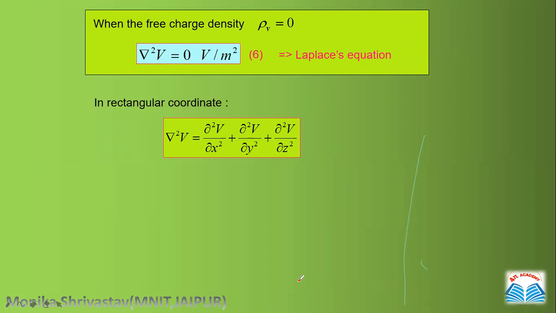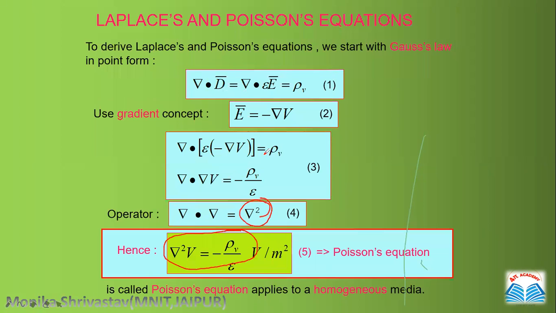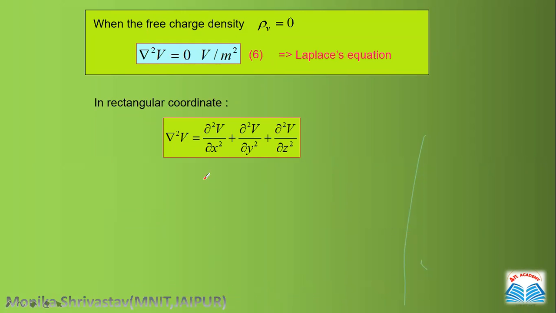So if any case comes where there is no free charge density, that means rho v is equal to 0. So if rho v is equal to 0, then what will we get? Put a 0 instead of this rho v, and you will get this term as 0. So we are getting del squared V equals 0. Now it is the Laplace equation. Okay.